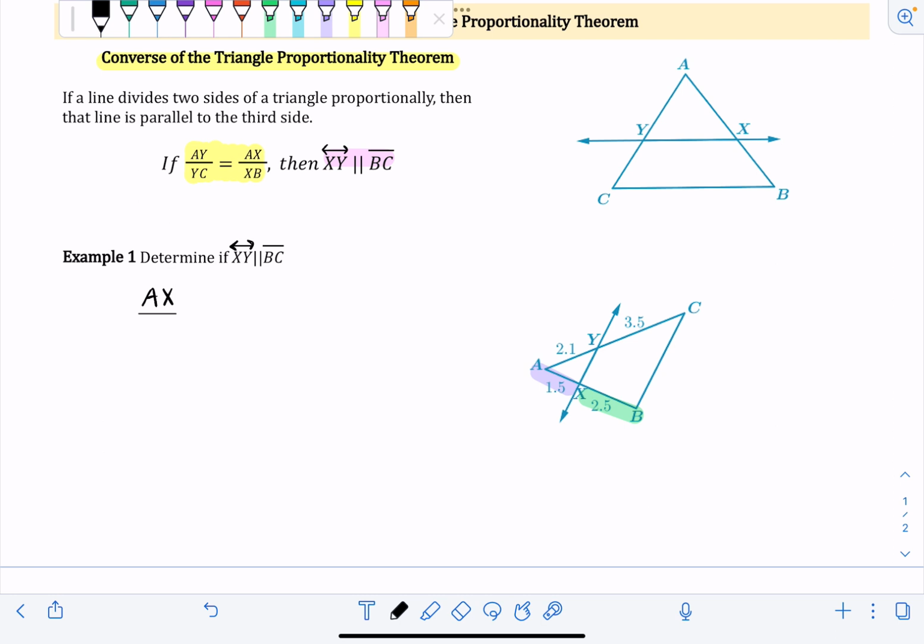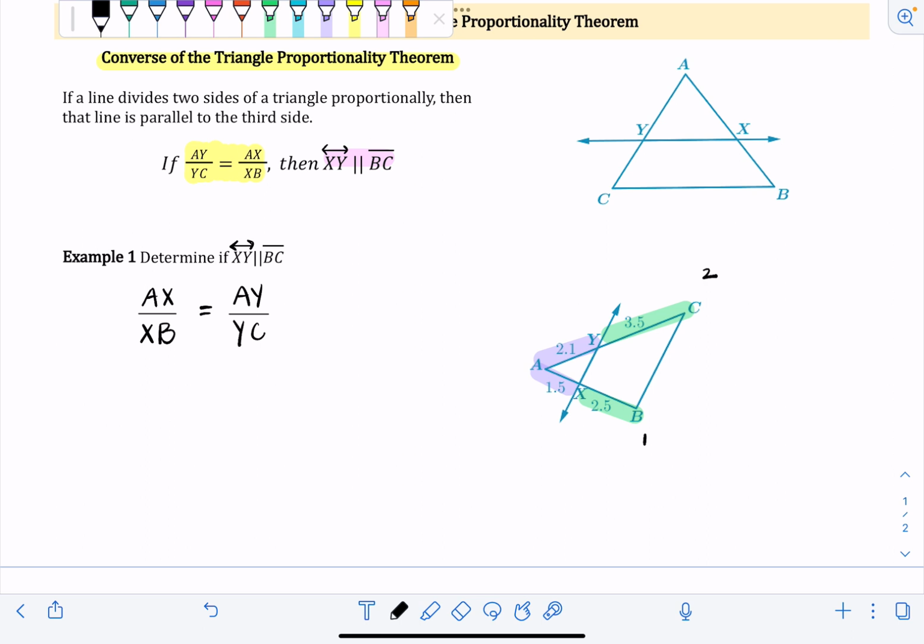That'll be side 1's fraction. And then side 2, because I put AX in the numerator, I would have to put AY in the numerator. And because I put XB in the denominator, I would have to put YC in the denominator.